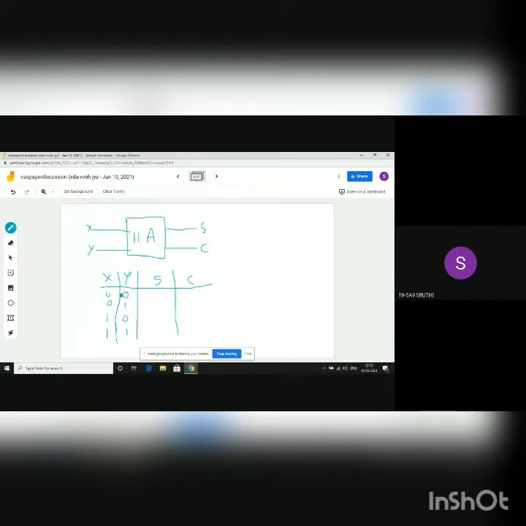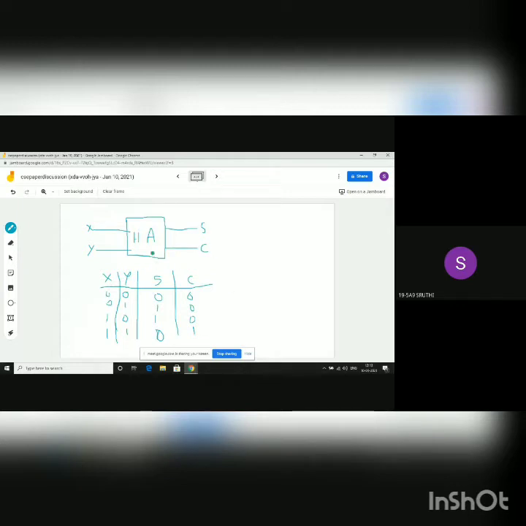So 0 plus 0 will give us the sum 0. Since no carry is produced, the carry will be 0. Similarly, 0 plus 1, the sum is 1 and the carry is 0. No carry is produced. Similarly, 1 0, sum is 1, carry is 0. Now, 1 plus 1, sum is 0 and carry is 1. What we have done here is simple binary addition.